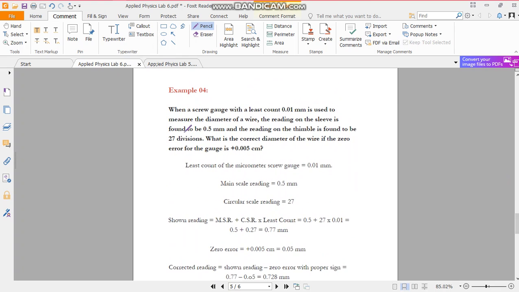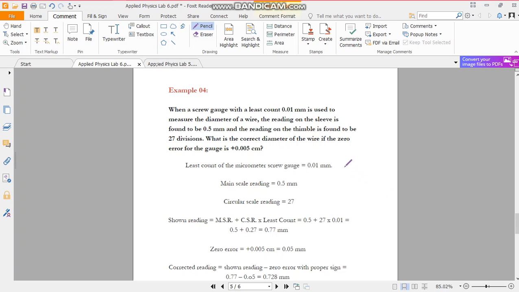So now move to example 4. When a screw gauge with a least count of 0.01 mm is used to measure the diameter of a wire, the reading on the sleeve is found to be 0.5 mm and the reading on the thimble is found to be 27 divisions. What is the correct diameter of the wire if the zero error of the gauge is 0.005 centimeter?